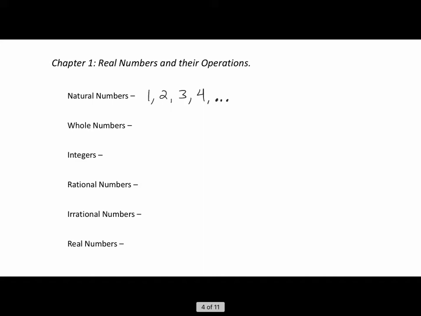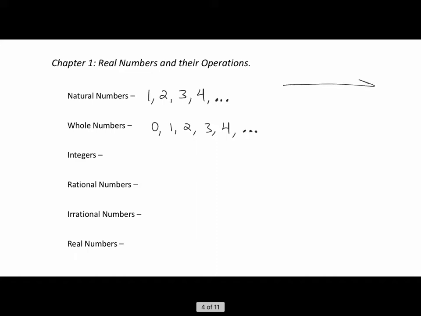So the next number that we add on, we start talking about 0. If you have all of those natural numbers and you add 0 to those, that represents all of the whole numbers. So whole numbers are 0, 1, 2, 3, 4, keep going, etc.